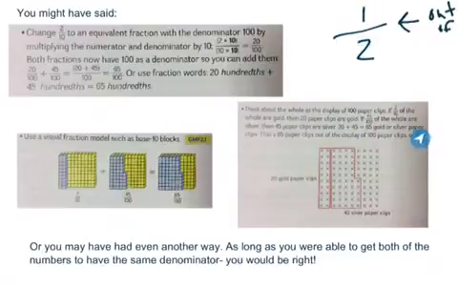That's what we're doing here. 65 out of 100. So there's 3 different ways that come to mind immediately for me that you could have done this. You may have done it yet another way. As long as you were able to get both of the numbers to have the same denominator of 100, you'd be right. And your answer should have ended up being 65 hundredths.